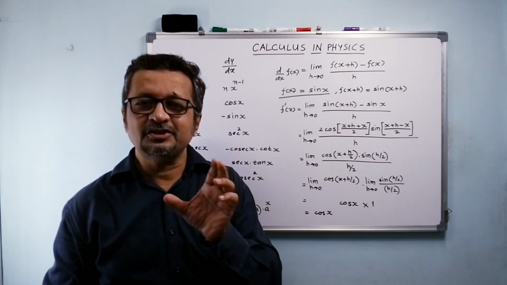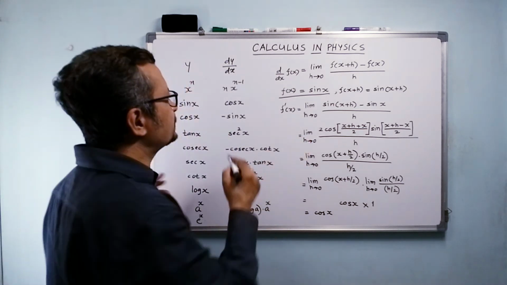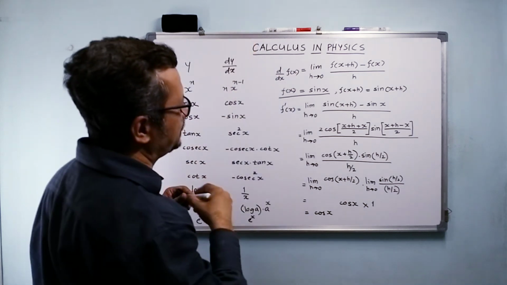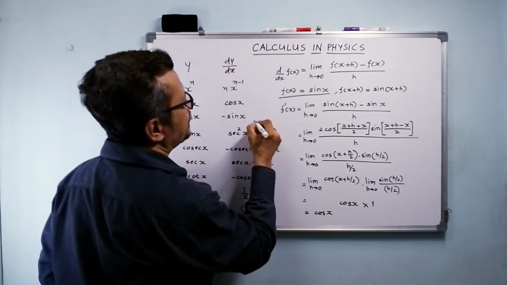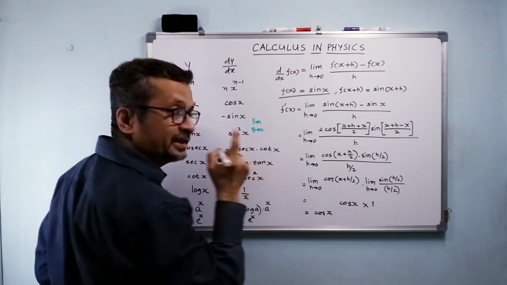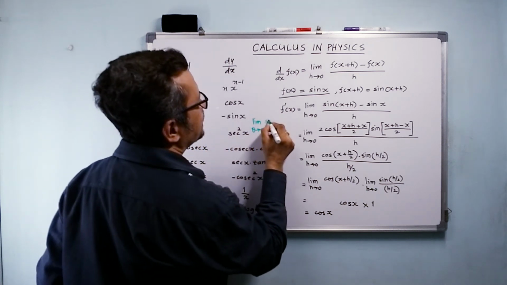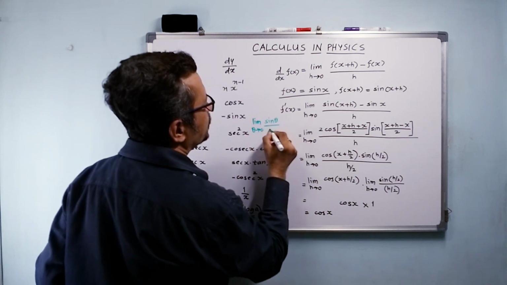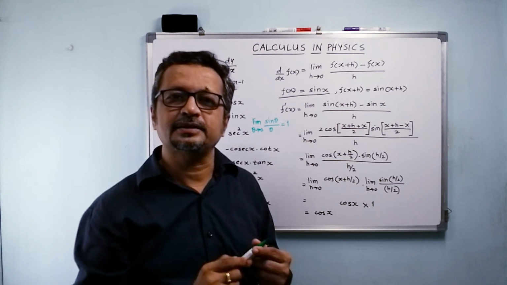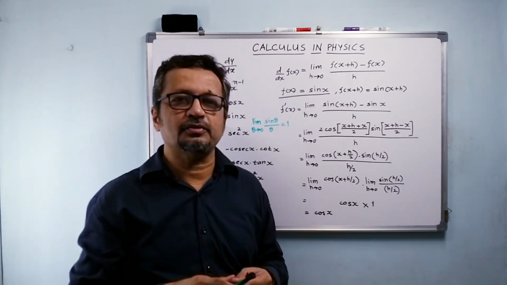When your theta is small, limit as theta tends to 0, theta in radian, sine theta upon theta is equal to 1. You can prove it for yourself, right?